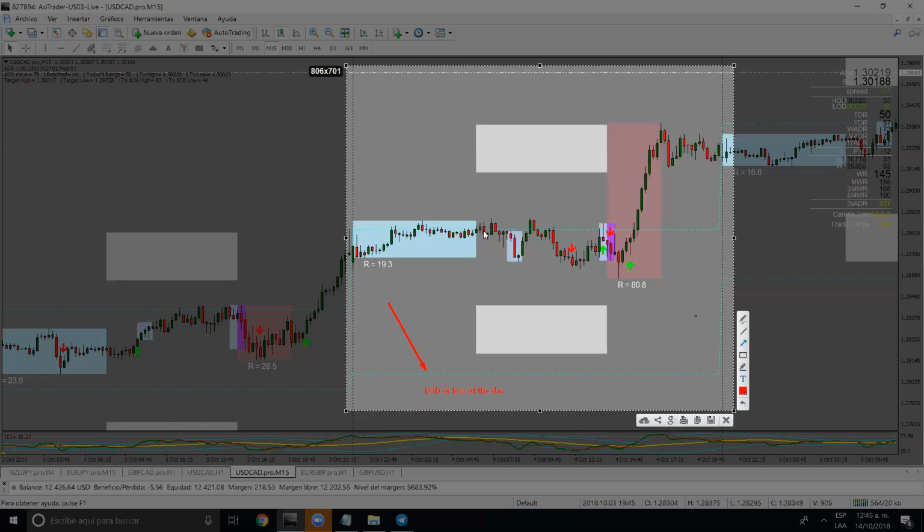And we are going to have another one here. Sometimes it is higher, which is the HOD, high of the day. Okay, high of the day.